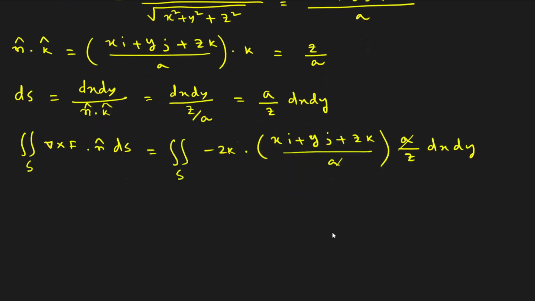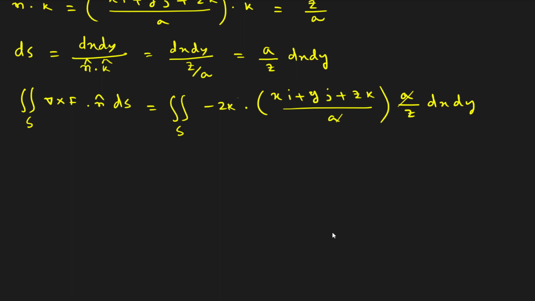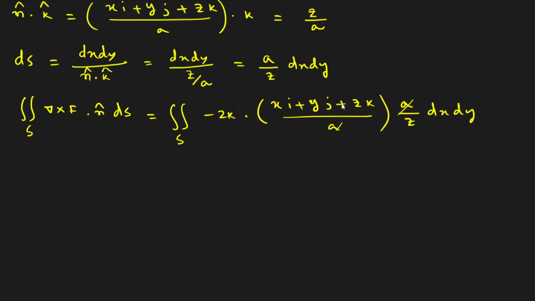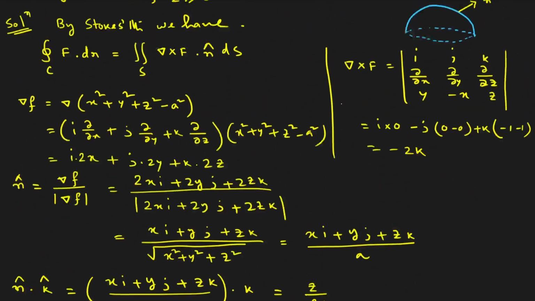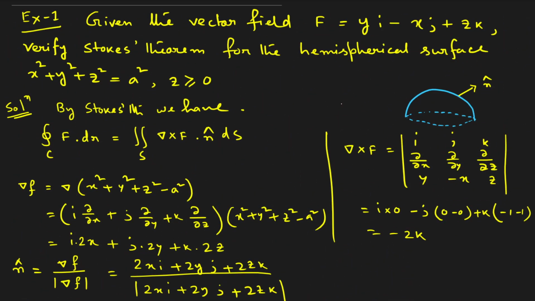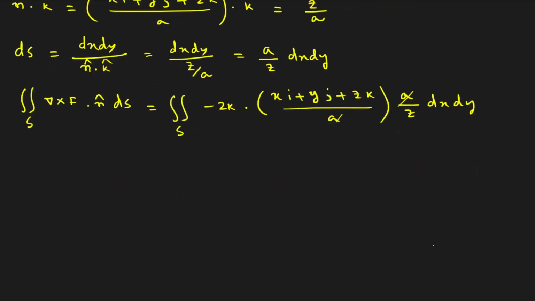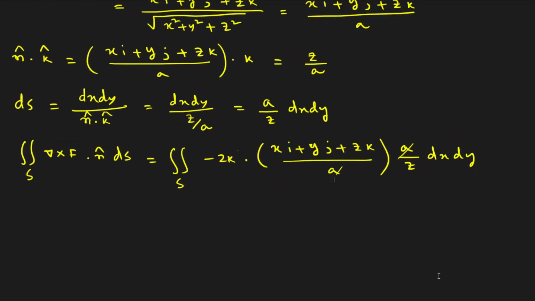Now for the remaining calculation, what will you do? What is xi cap plus yj cap plus zk cap? First you have to find the dot product of these two. Here we have k cap, and here this is k cap.